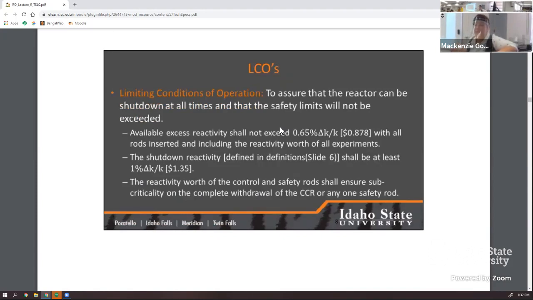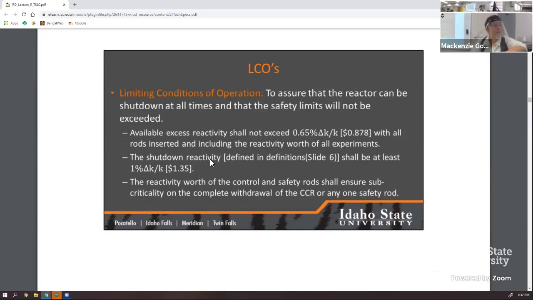We're not going to put in enough reactivity that you could accidentally throw all the control rods in at once and suddenly create a supercritical reactor that jumped up to 100 watts, right? If you throw all the control rods in, it's going to produce a power much lower than our limiting safety system settings, right?